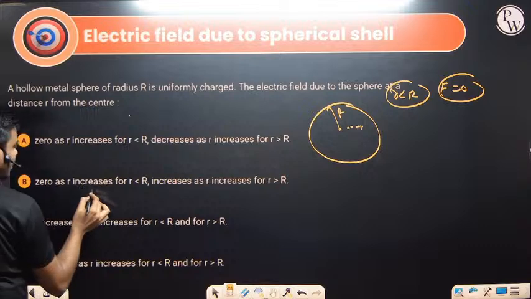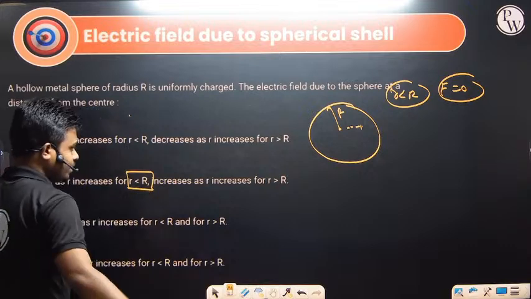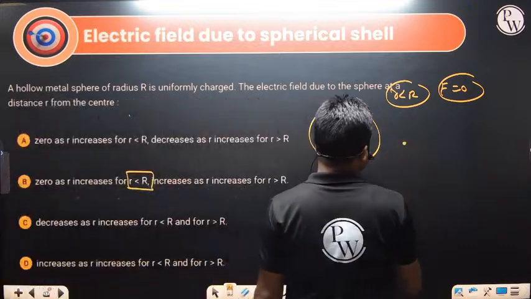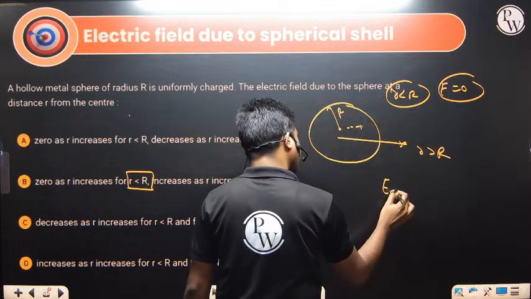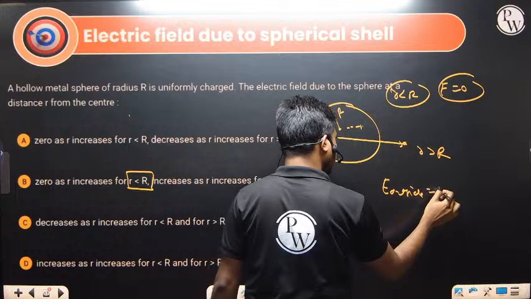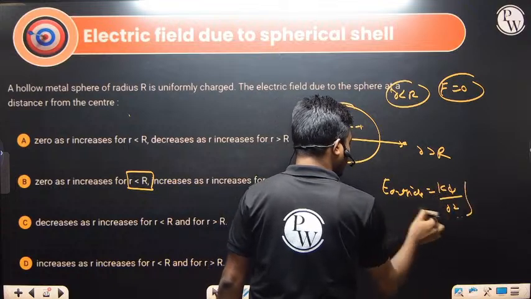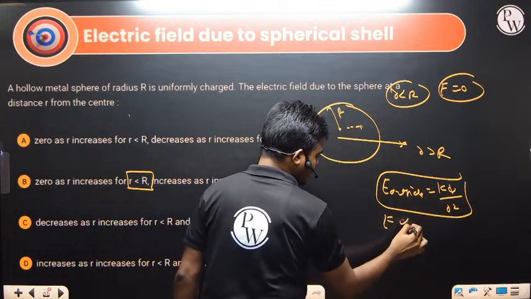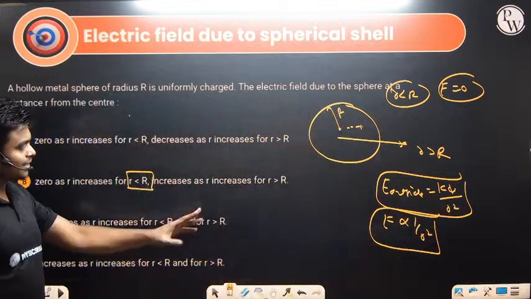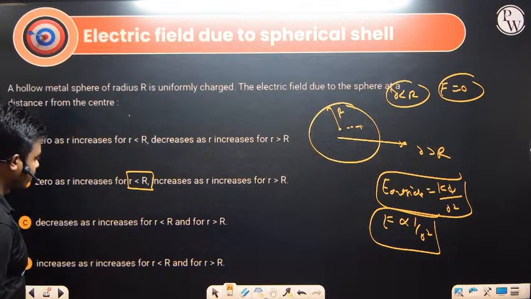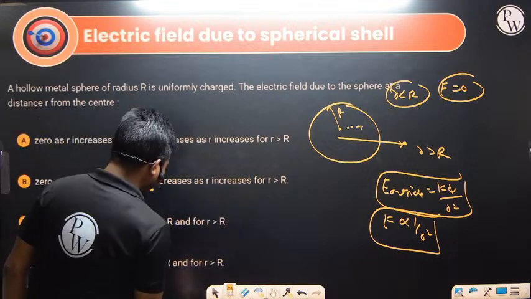So 0 for r less than capital R, and after that, when r is greater than capital R, at an outside point, the electric field, as we just saw, is KQ divided by r square. So E is proportional to 1 by r square. It should decrease with this, right?